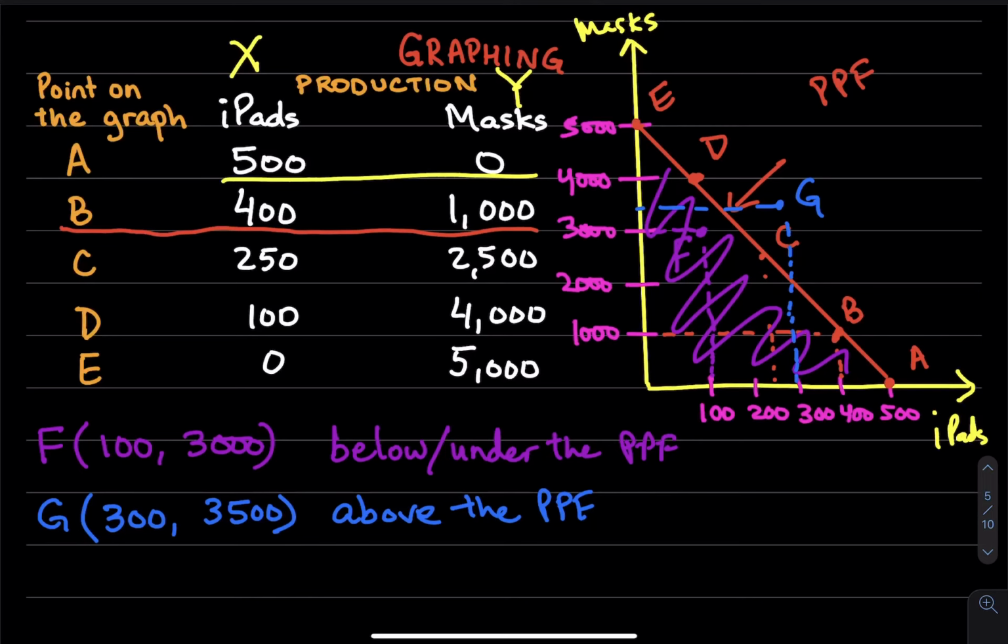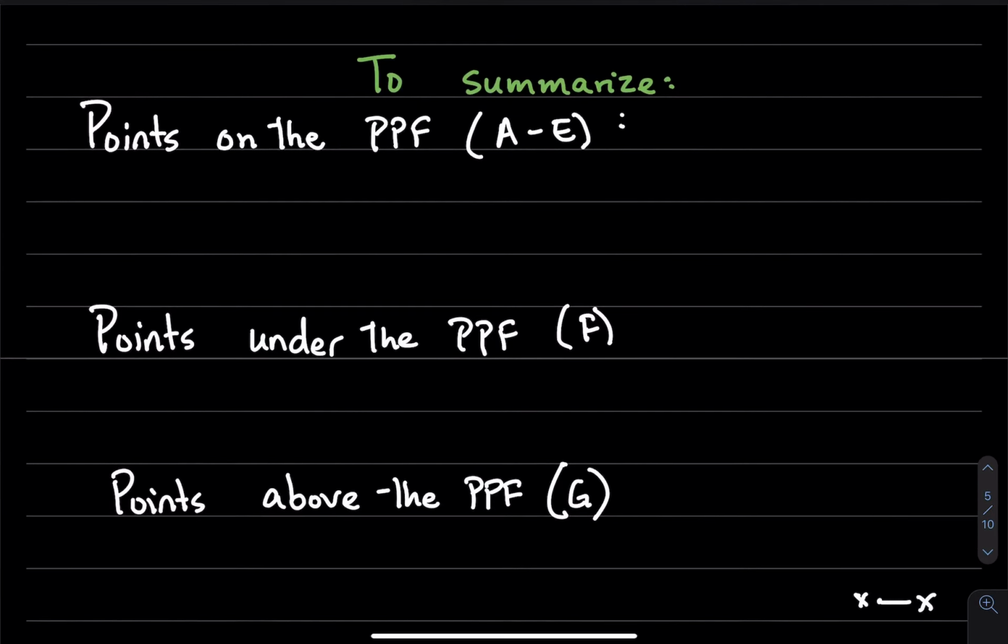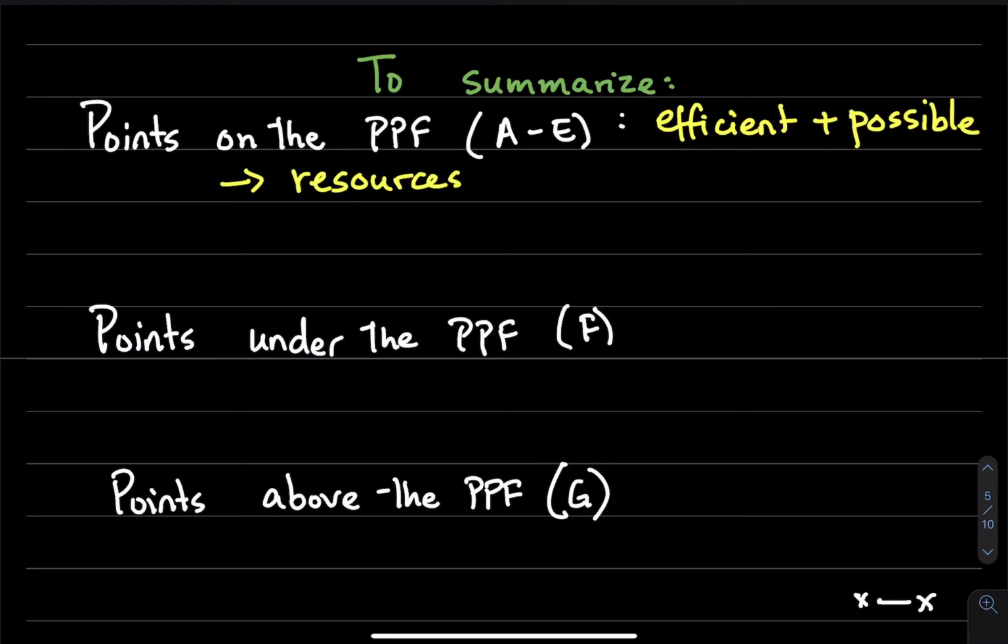Okay, so let's try to summarize what we know now about the different concepts that the production possibilities frontier is useful in explaining. Any point that lies on the PPF, which are points like A through E, is efficient and possible. Points like A through E represent the fact that resources are being utilized fully.